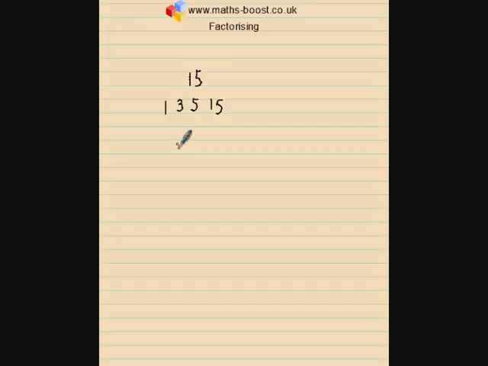Whilst I'm not going to use a strict mathematical definition, they are all things that divide into 15. And if we think along those lines, we'll be on the right tracks for what we're about to look at.